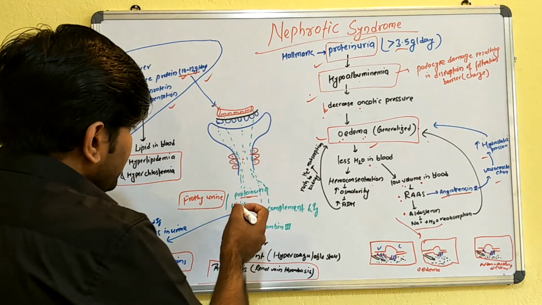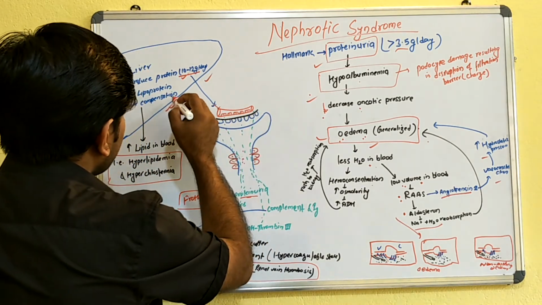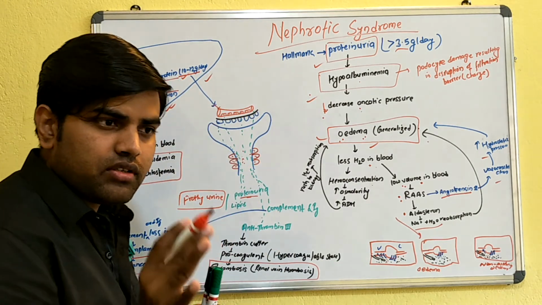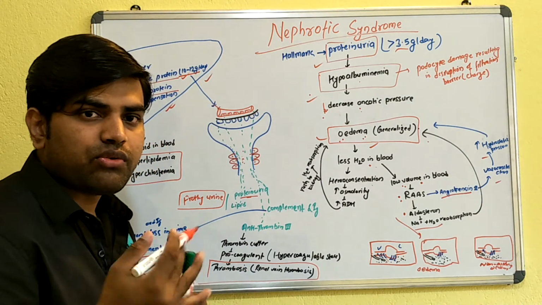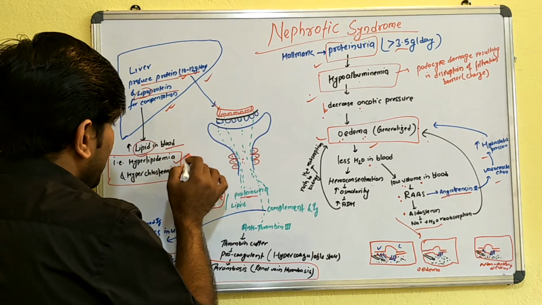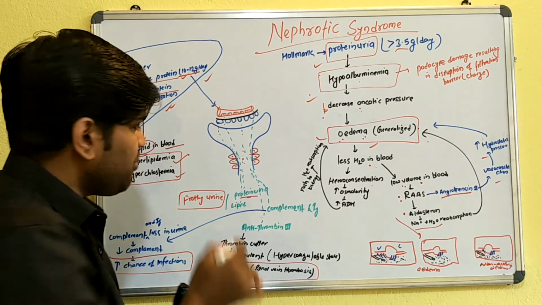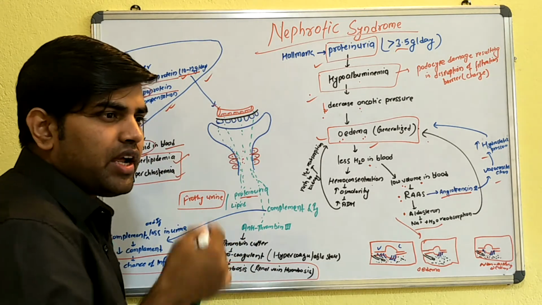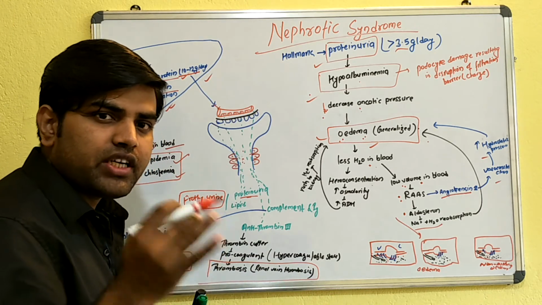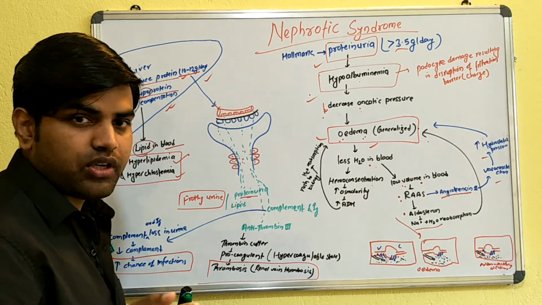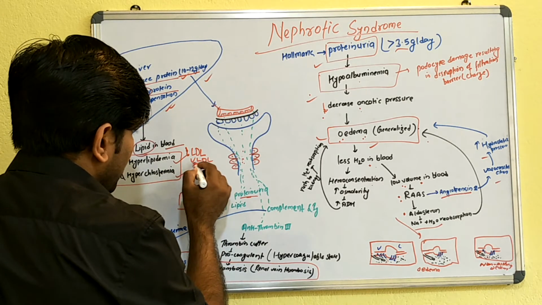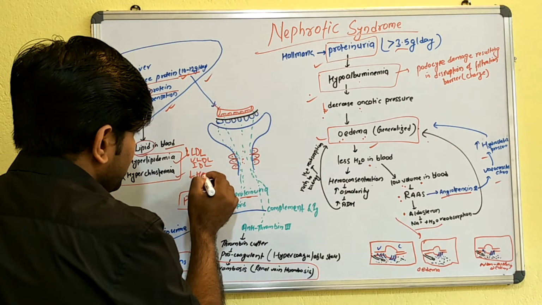Then, during the compensation, the liver also produces lipoprotein. It produces protein, but it is not selective to produce only protein. It also releases lipoprotein. And since the lipid component is increased in the blood, there will be hyperlipidemia and hypercholesterolemia. In this dyslipidemia there will be an increase in LDL, VLDL, IDL, but a decrease in HDL.